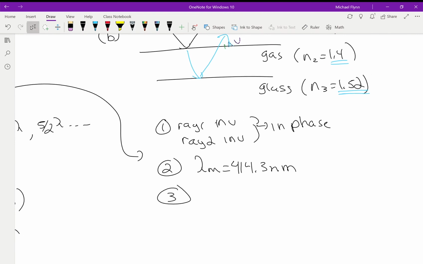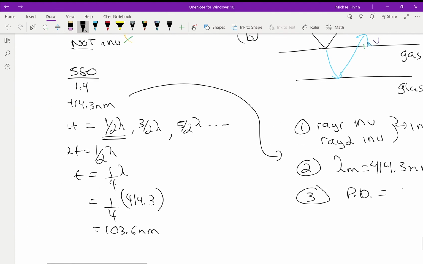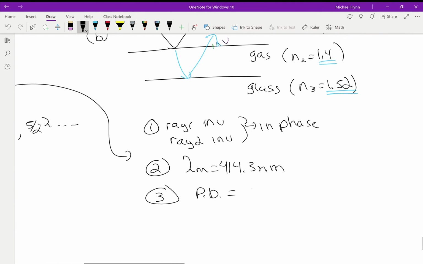Now finally, step 3. Our path difference in the cases for constructive interference, because they're in phase, are going to occur, instead of at half wavelength multiples, at whole wavelength multiples: 0 wavelength, 1 wavelength, 2 wavelengths, 3 wavelengths, and so on. Now the first non-zero one is that one.